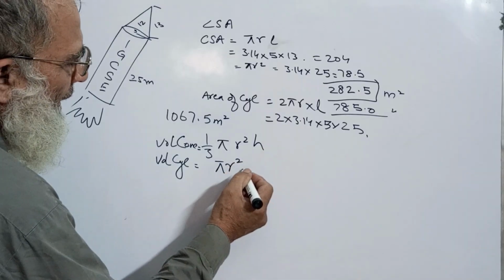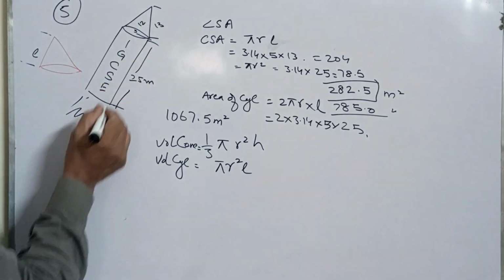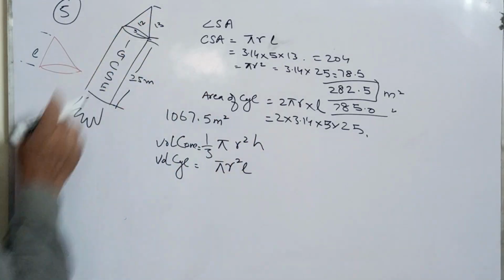This is L, which is written here, and this is H, which is 12 over here.